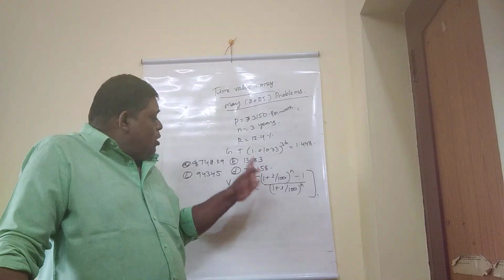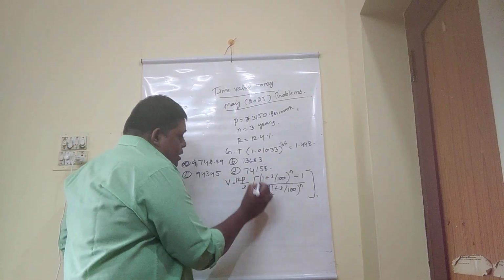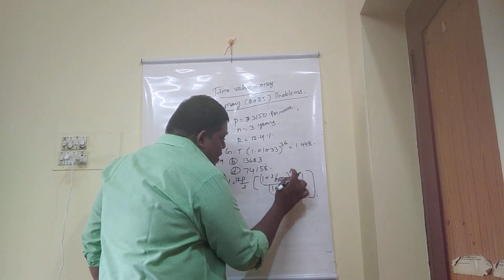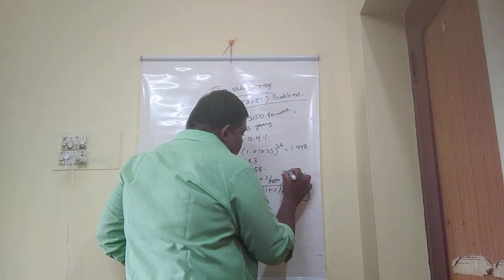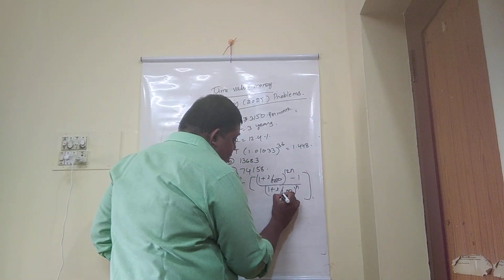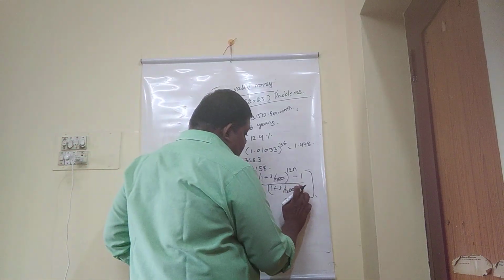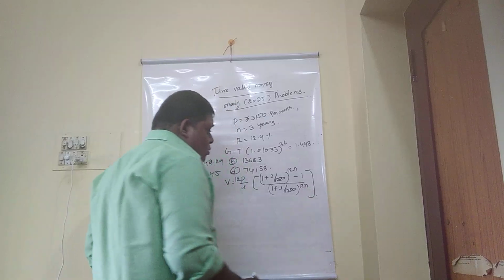So the monthly formula is 1 plus I divided by 1200, whole to the power 12n, minus 1, divided by 1 plus I divided by 1200, whole to the power 12n.